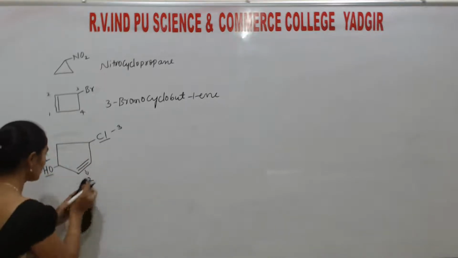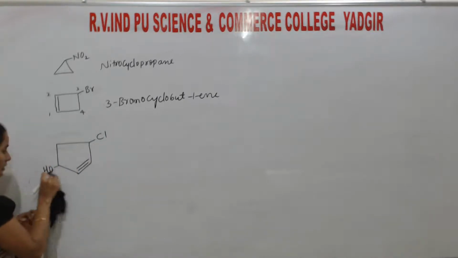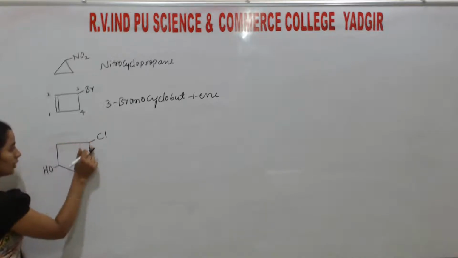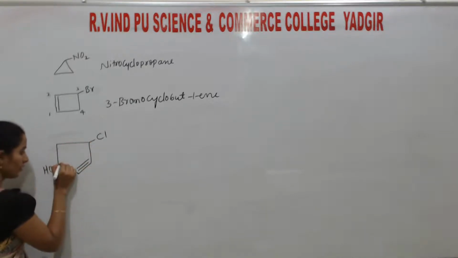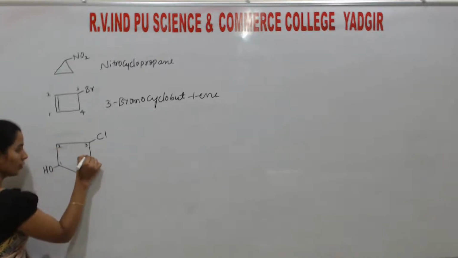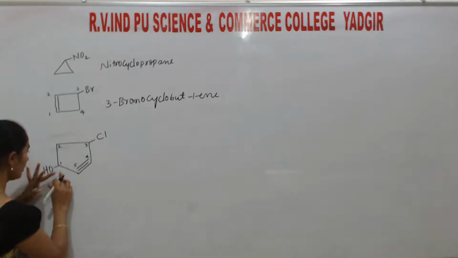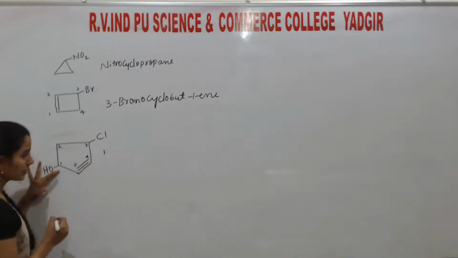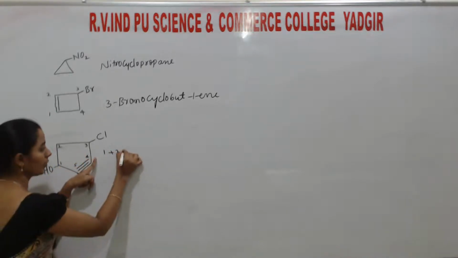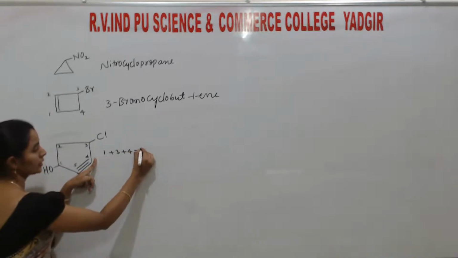I'll take here how to number the compound. Listen. From here if you start, this is 1, 2, 3, 4, 5. And start from here, this is clockwise 1, 2, 3, 4, 5. So here at first carbon atom OH is there, at third carbon atom Cl is there, and at fourth carbon atom, 4 plus 3 plus 1, 8.